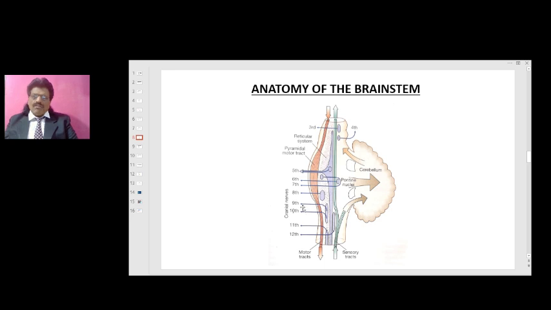But the actual movement, the movement that has been performed, is carried by the sensory tracts and goes to the cerebellum. So the intended movement comes from the frontal cortex and goes to the pons and the cerebellum through the frontopontocerebellar fibers. The actual movement is carried by the sensory tracts to the cerebellum.